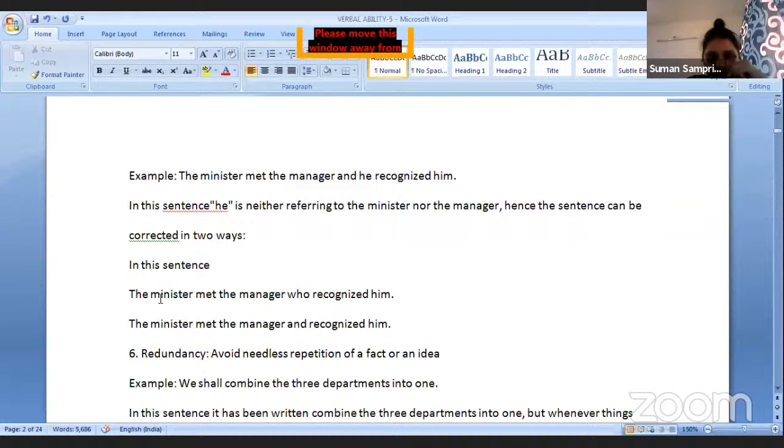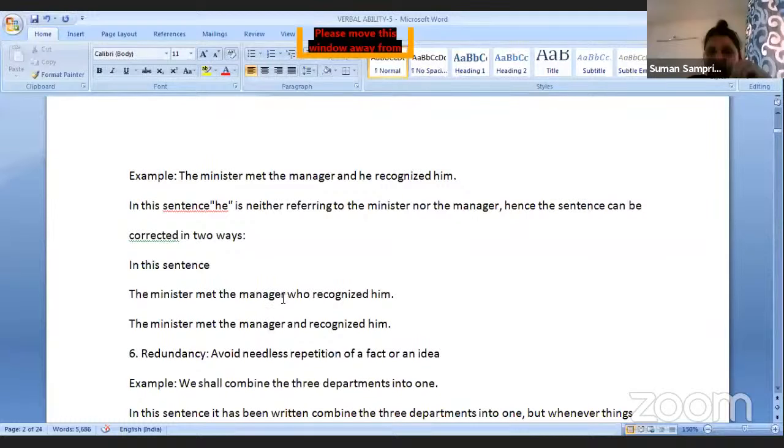So when you write this, the minister met the manager and he recognized him, the word he might be used for the minister, or it might be used for the manager. So in this sentence, it can be taken in two manners. This is a pronoun reference error. When you write this, there is a confusion. So we can correct it in two ways.